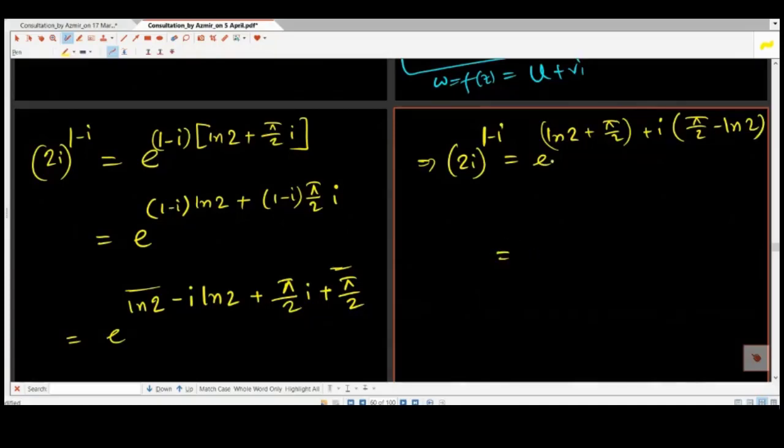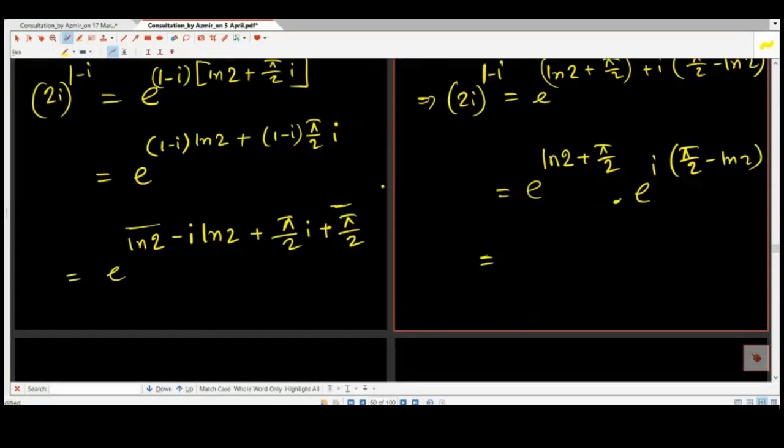So now we know that e to the z1 plus z2 i can be written in this way.